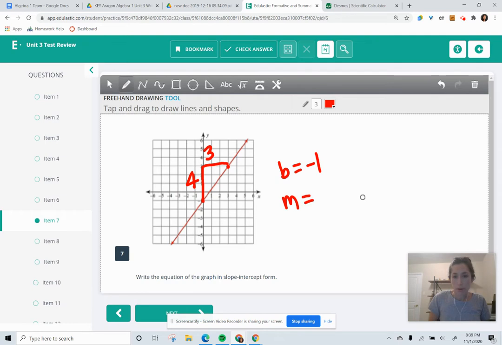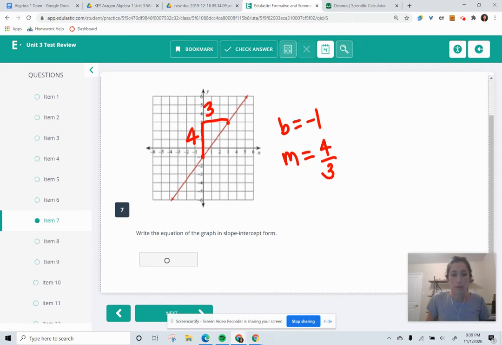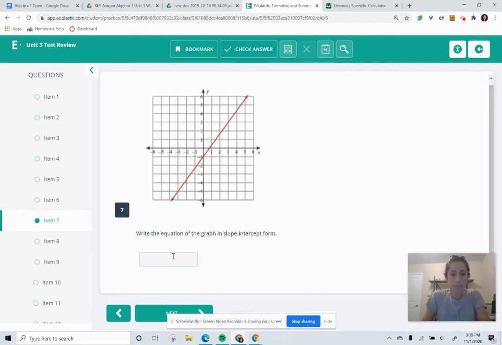My m is 4/3, and it's positive. I would recommend looking back in your toolkit if you're confused at all about the slopes and if they're positive or negative. So then when we type in our solution, it'd be y equals 4 over 3x plus or minus 1. Our y-intercept is -1. Did I write that here? Oh, good, I did. Okay.